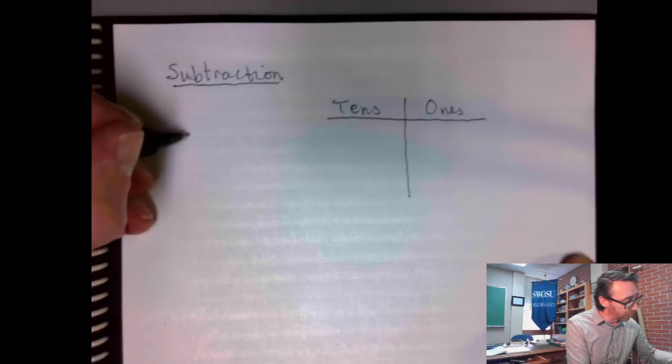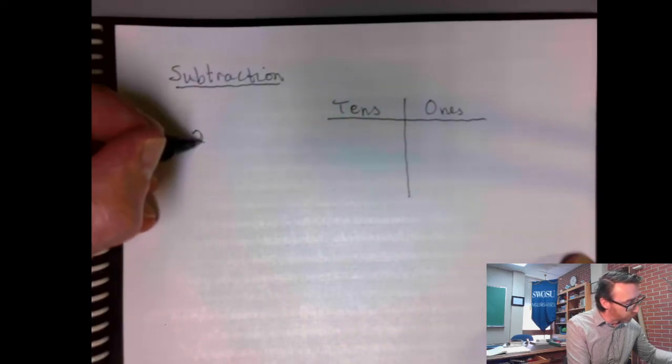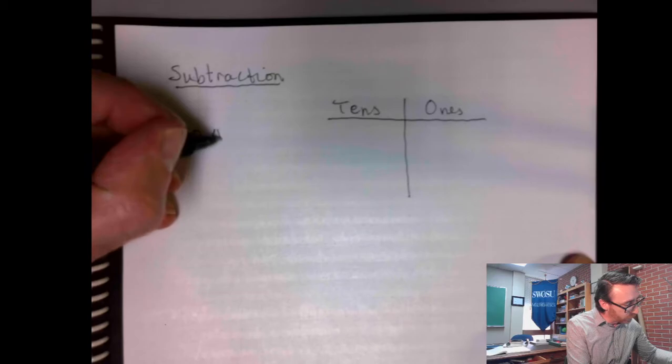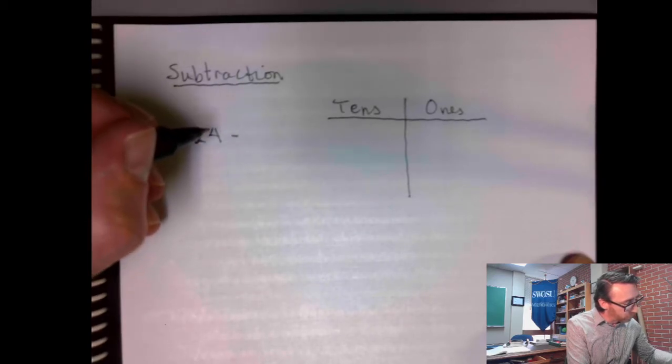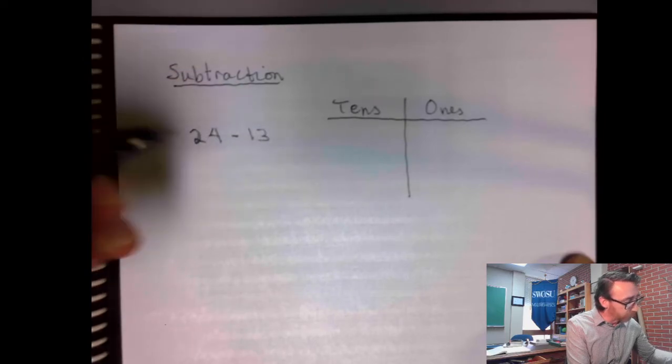So let's imagine that we wanted to do 24 minus 13.